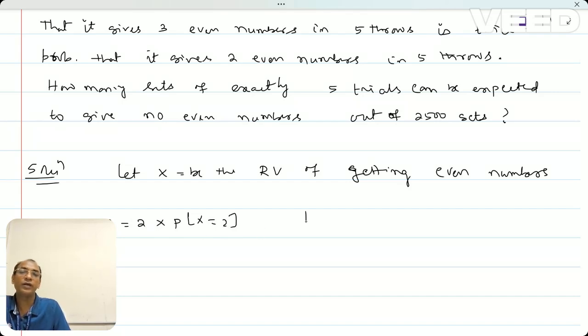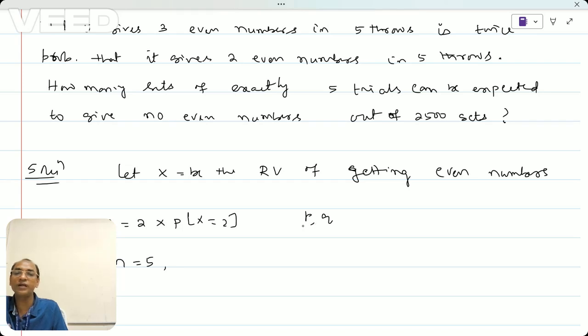Using this, we can find small p and q, then our job will be over. Now, what are the things given? Here the number of trials is 5, so small n is nothing but 5. And here 3 or 2 are the r. So we will apply binomial distribution and try to find p. If we find p, then we can find q because p plus q equals 1.